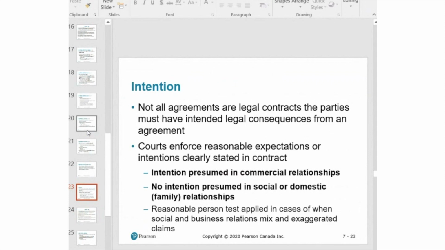So those are all characteristics or evidences that would rebut this no intention presumption, that would show the court, if needed, that there was actually, sorry, there was actually intention in this transaction. Is that clear?